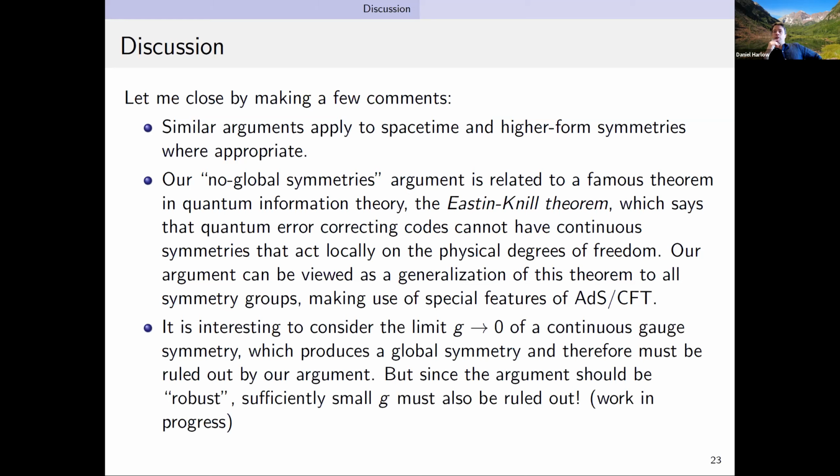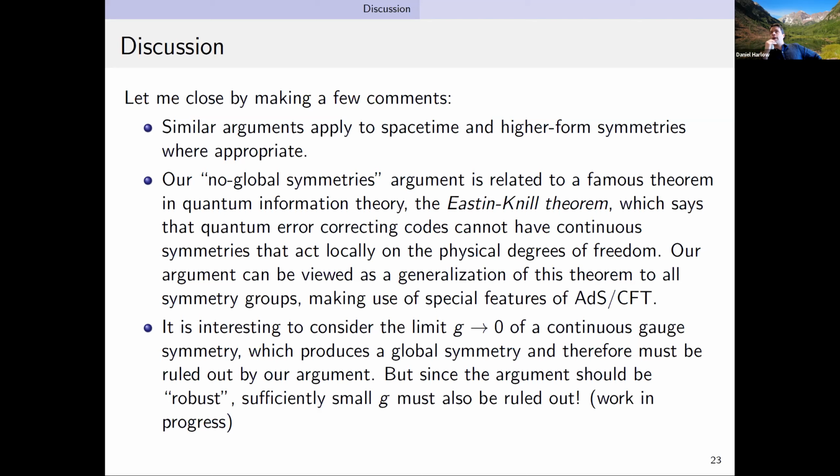Now, it's interesting to consider the limit where you take the gauge coupling of a continuous gauge symmetry to 0. Like in electromagnetism, what if I take the fine structure constant to 0? What happens is you get a global symmetry, and that's not allowed. Since this argument, I think, is fairly robust, that also means that sufficiently small gauge coupling should also be ruled out.